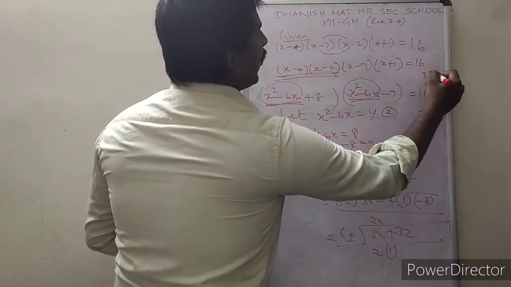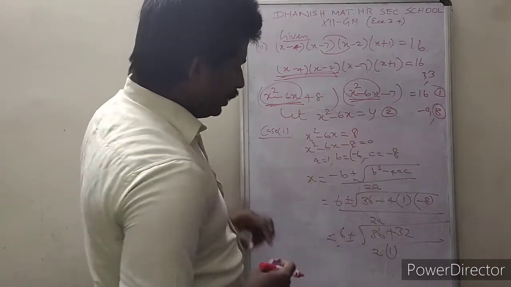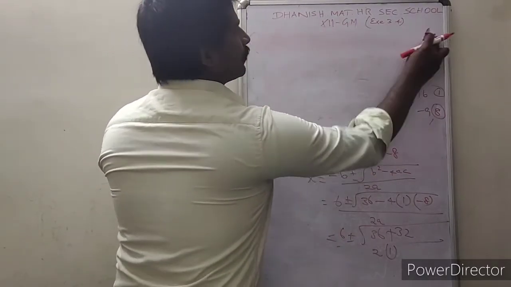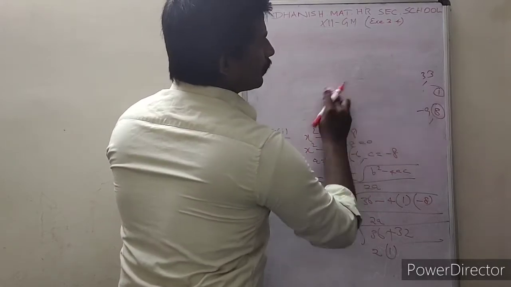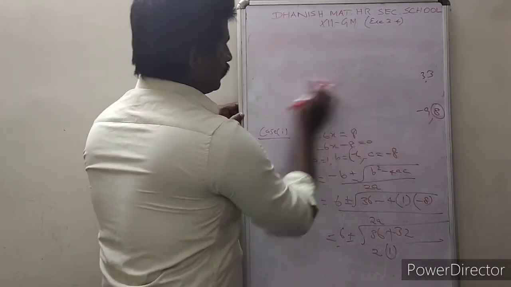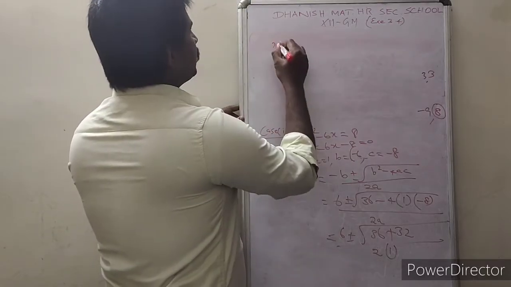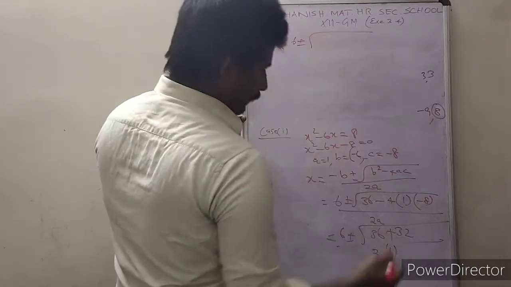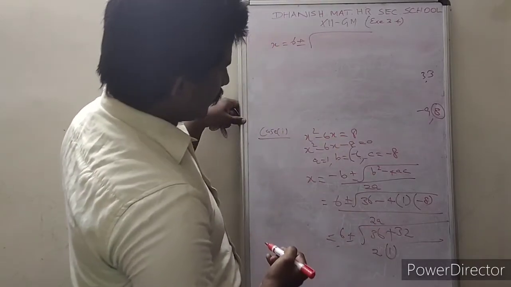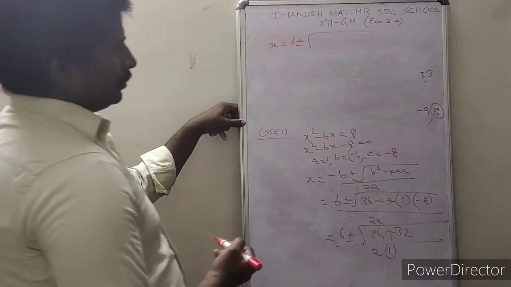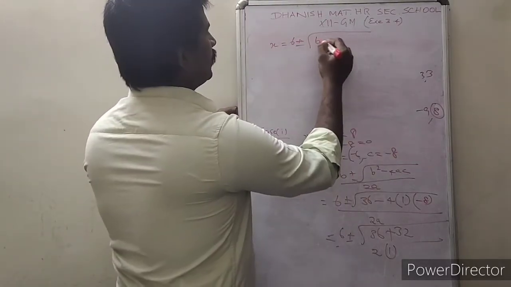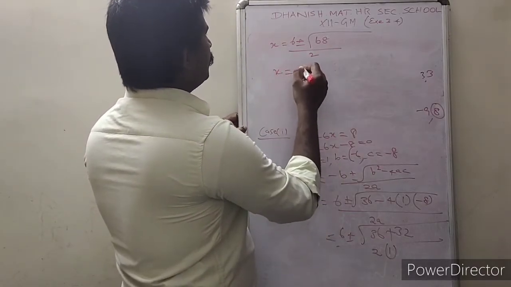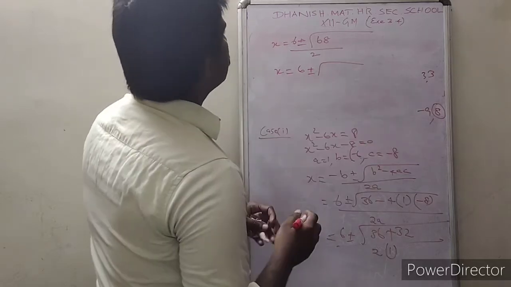Here we already have x as 3 and 3. So now x equal to 6 plus or minus root 68 divided by 2.